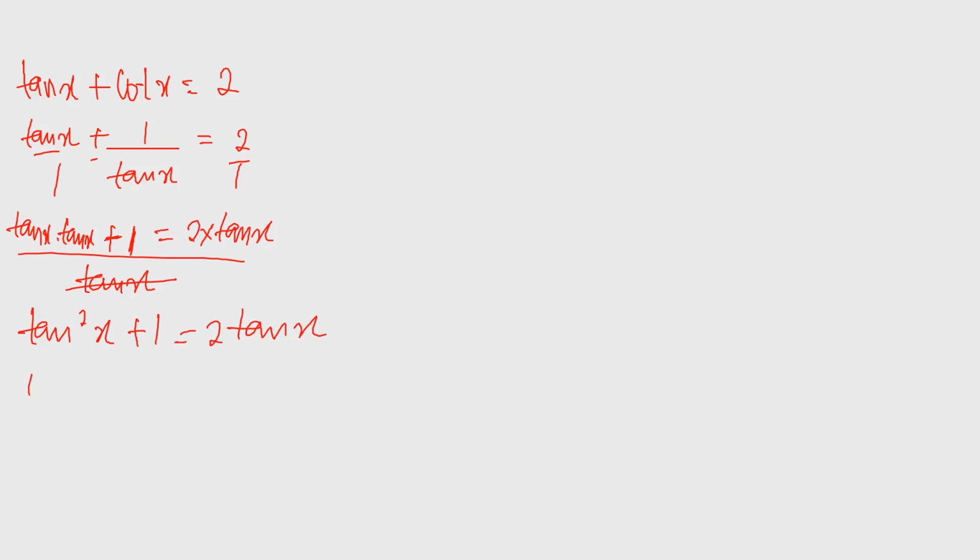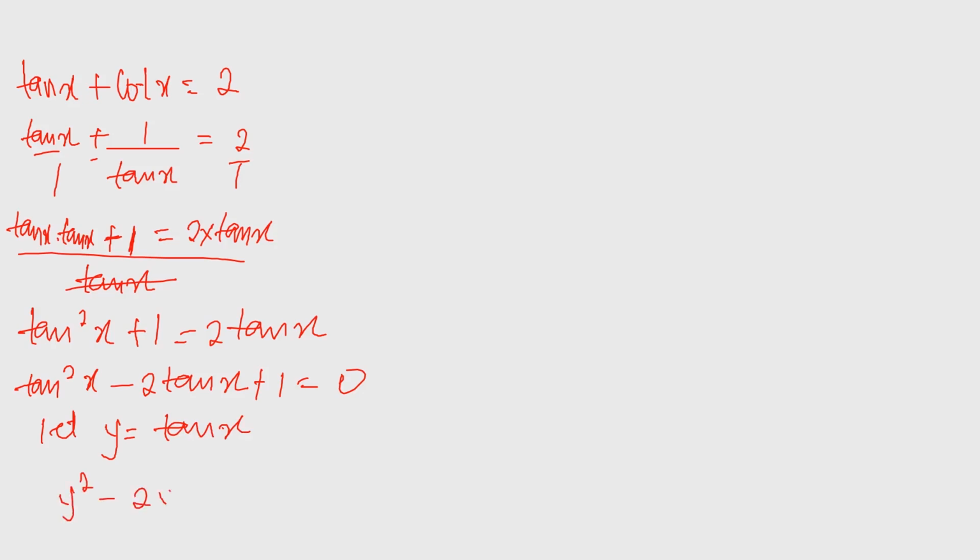So you can have tan square x minus 2 tan x plus 1 is equal to 0. So you can say let y be equal to tan x. So we are going to have y squared minus 2y plus 1 is equal to 0.